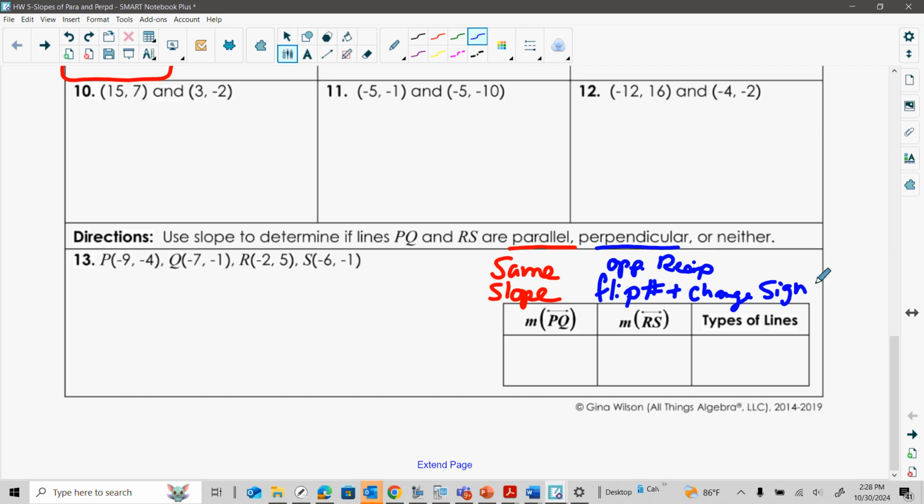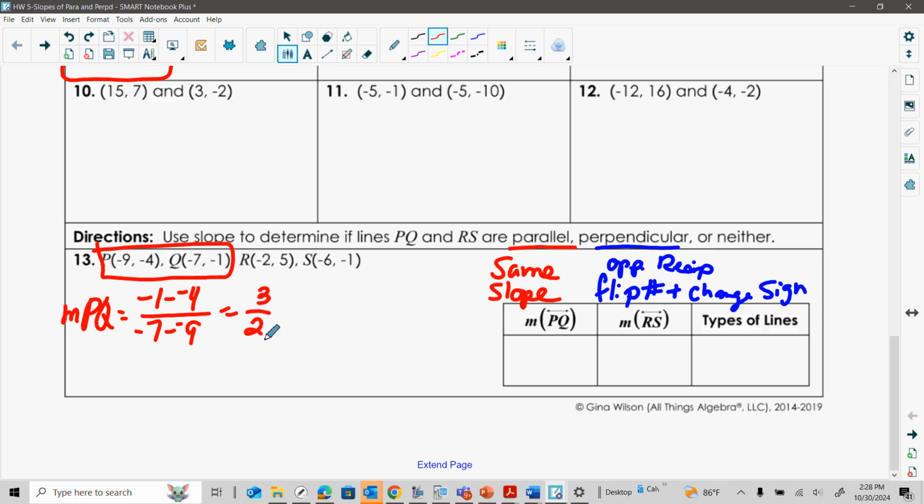So on a problem like number 13 here, we're going to start off with PQ. These are the first two points. Find the slope of PQ. We're putting in the slope formula, -1 minus -4 over -7 minus -9, and then we're just going to simplify. This ends up coming out to be 3 over 2.